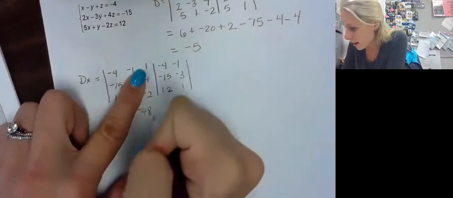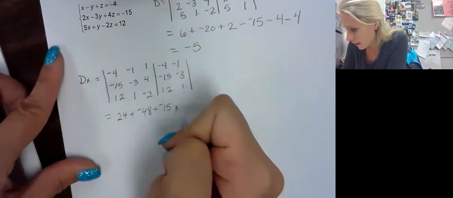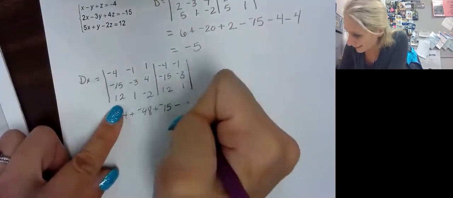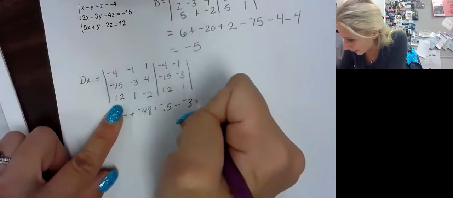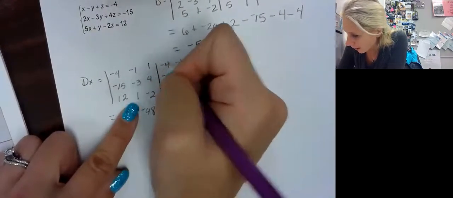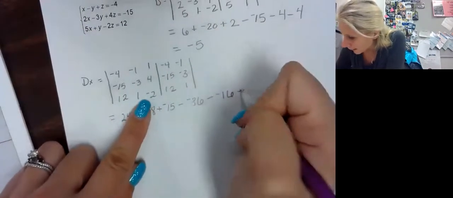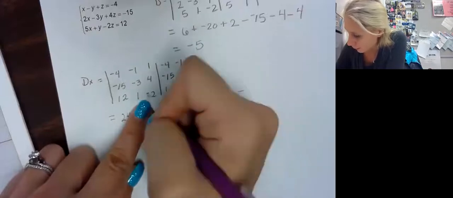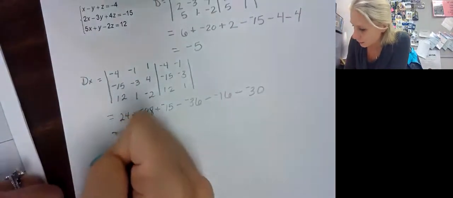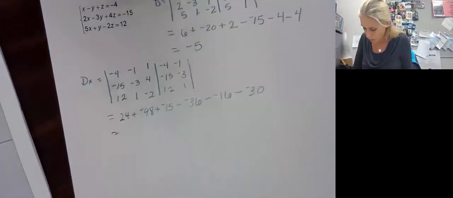And then plus a -15. Now subtract 12, -3, 1 is a -36 minus, that would be a -16 minus, this is going to be negative, so -30. All right, let's do that in there. 24.